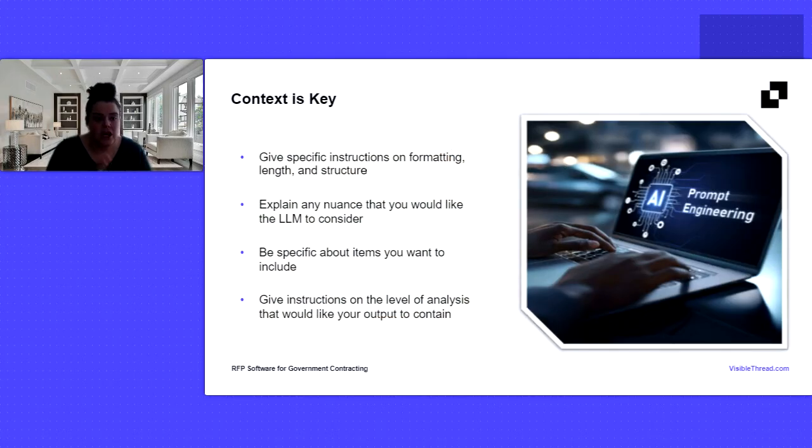Context is key, so give specific instructions where you can. If you have specific requirements on formatting, length, or structure, give those instructions. Anybody who has used Gen AI or created content in this way knows that you're not always going to get exactly what you're looking for. There will be some variation, but the more instruction you can give, the closer things will be.